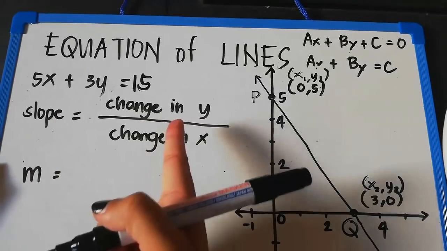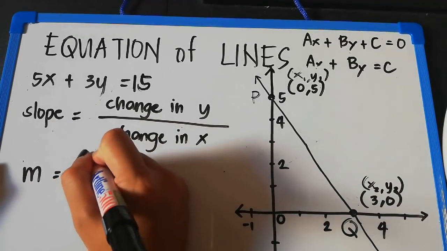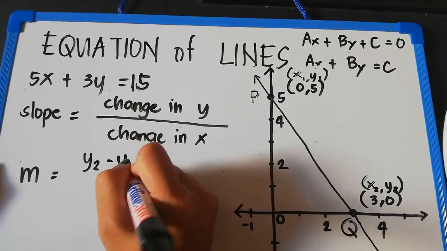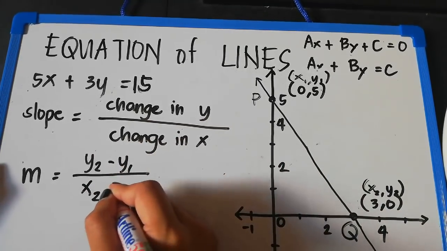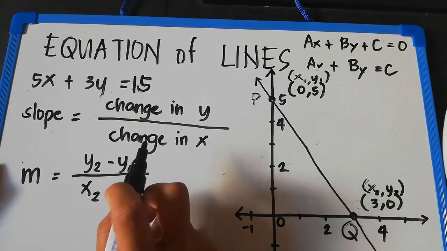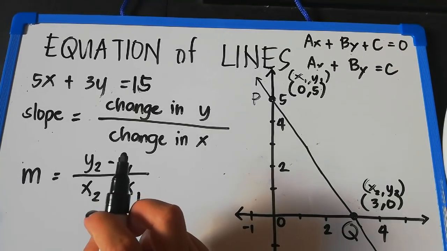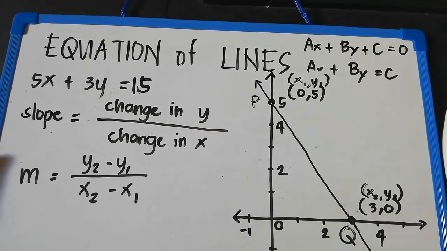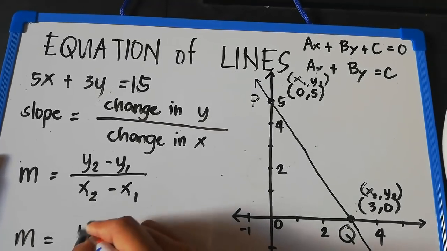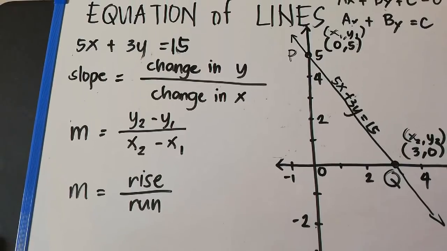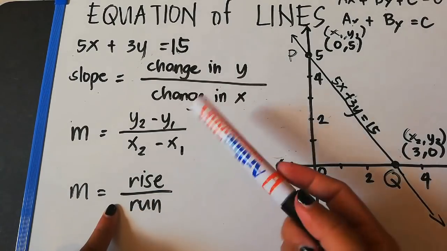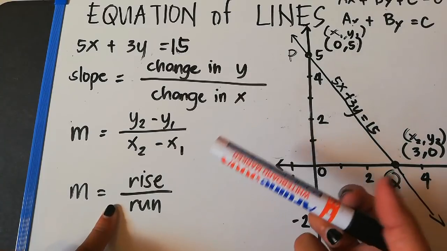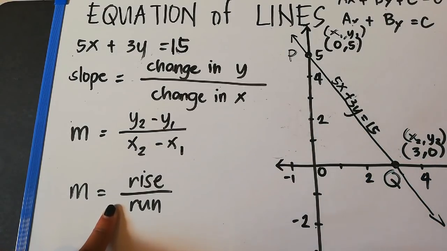So, if it is the change in y, so ibig sabihin that is y sub 2 minus y sub 1 over change in x sub 2 minus x sub 1. So, geometrically, dinidefine din ang slope as rise over run. Rise over run, so ibig sabihin, rise is the vertical movement of the graph and run is the horizontal movement of the graph.